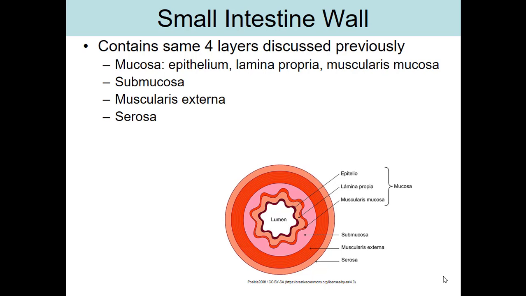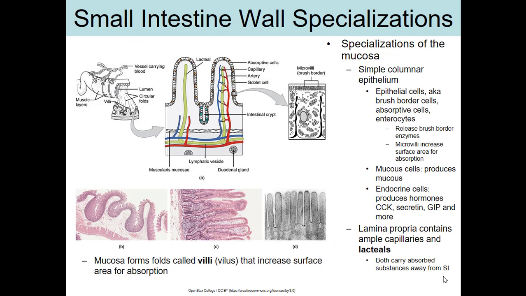We're going to look at some specializations of the small intestinal wall, specifically specializations of the mucosa. The small intestine mucosa is highly specialized, okay? And basically most of the specialization comes in the form of increasing the surface area for absorption of nutrients. We absorb nutrients by making contact with those nutrients.